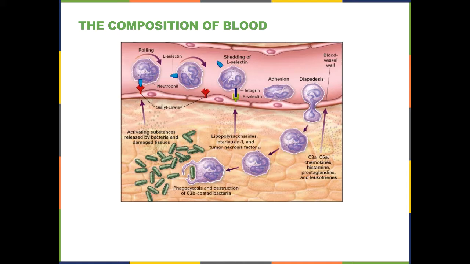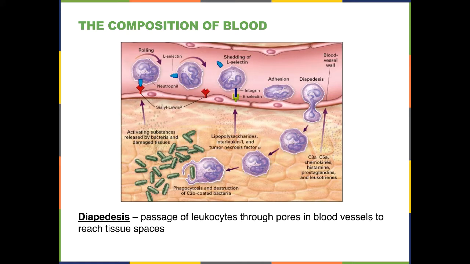Now, when you look at how white blood cells work, there's various things that have to be taken into account. First of all, is the ability for a white blood cell to pass through the blood vessel and reach the tissue spaces. And you can see on the right of this picture the process of diapedesis, which is the white blood cell passing through these small pores in the blood vessel and going into the tissue to engulf the bacteria.